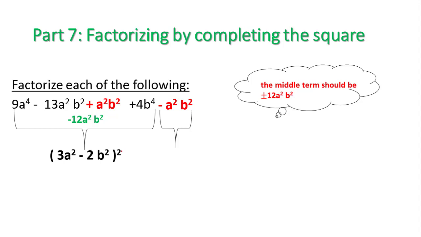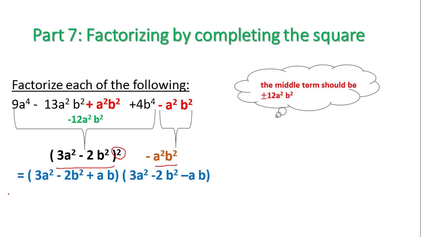But I still have minus a power 2 b power 2, and I can notice now I have a difference between two squares. This is a perfect square and this is a perfect square. So I'll use the rule of factorizing the difference between two squares. I have here 3a power 2 minus 2b power 2, then I'll take the root, here plus ab, and the difference 3a power 2 minus 2b power 2, but this time minus ab.